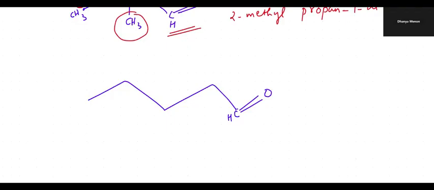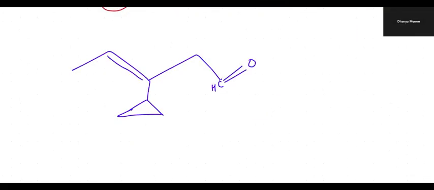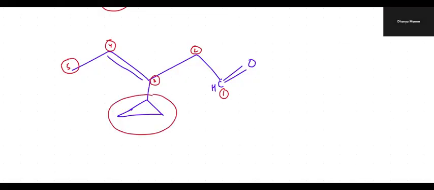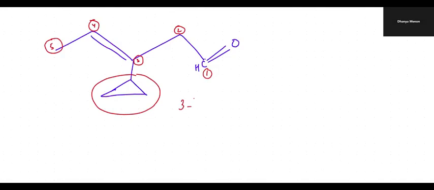Now, definitely, the carbon atom that's a functional group will get first position, second, third, fourth, fifth. Okay, and this is our substituent. And what is the name of that substituent? The substituent is at the third position. So 3, this is cyclopropane.